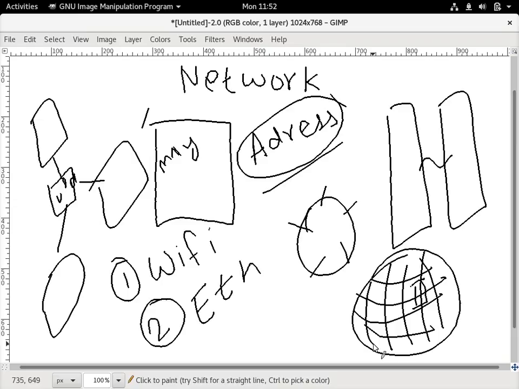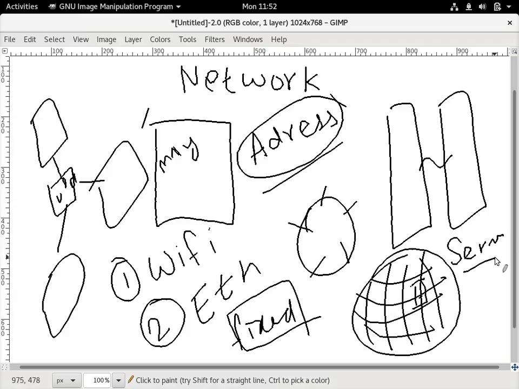Based on that, there will be one coordinate where this society actually exists, which is mostly fixed. So in an organization, most of the servers have a fixed IP address.